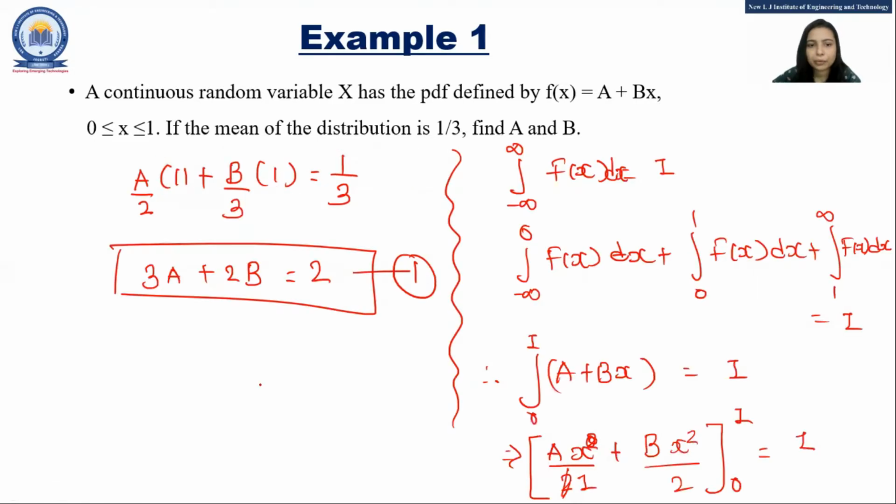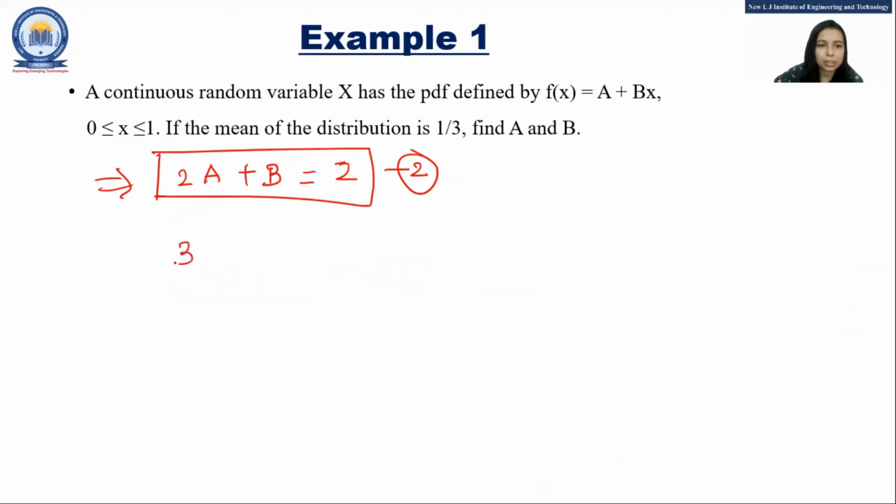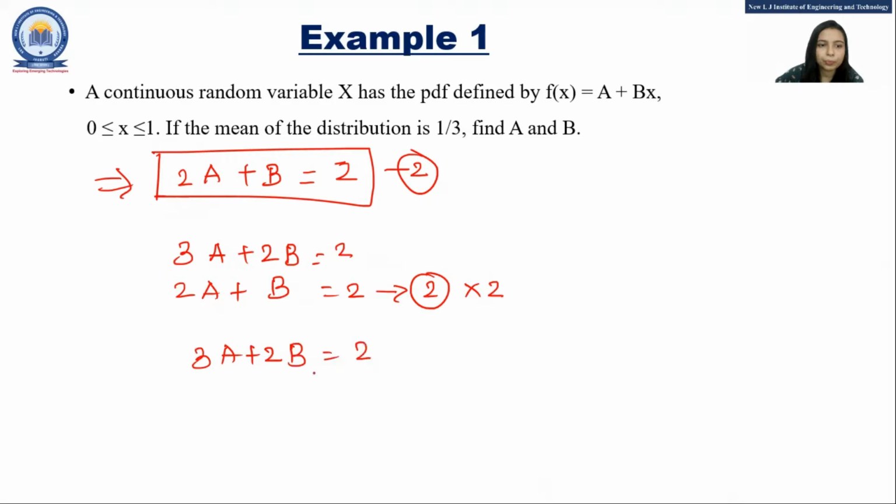So now we have two equations. The first equation is 3a plus 2b is equal to 2, and the second is 2a plus b is equal to 2. We can multiply the second equation with 2, giving 4a plus 2b is equal to 4.